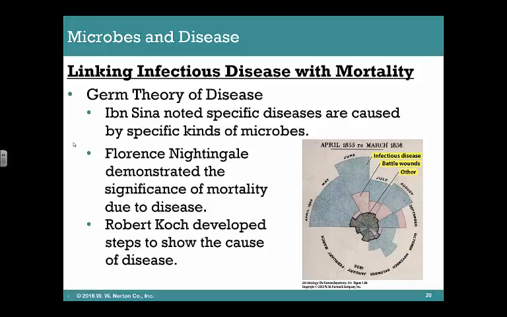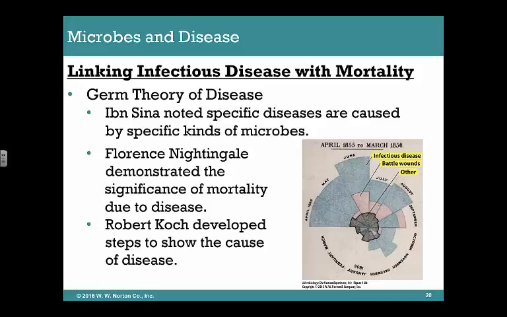So one of the first observations, even before we knew what microbes were, we understood what disease was. We understood that disease could cause the human organism to go into a state of ill health, and that the state was altered from that healthy status of the organism.